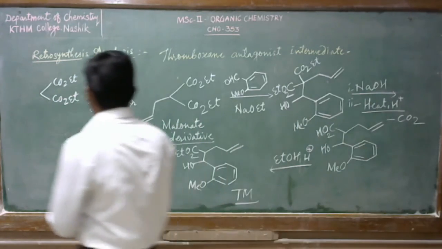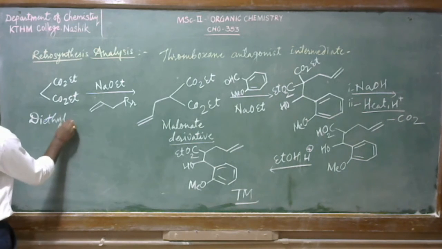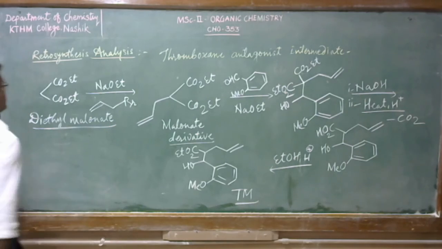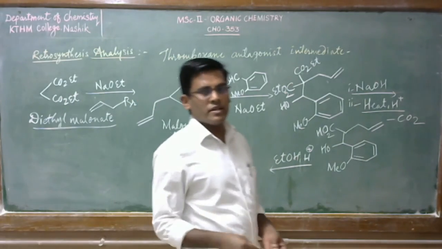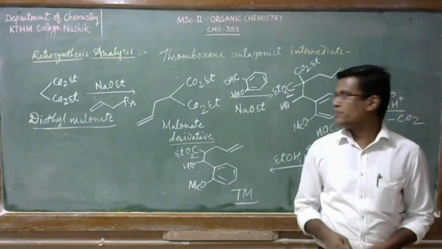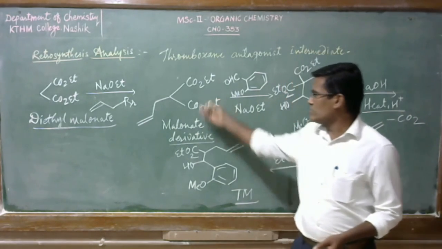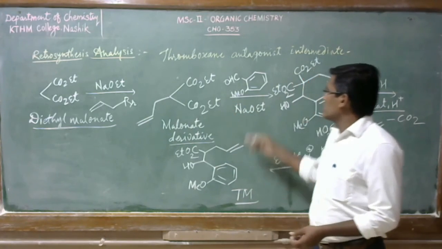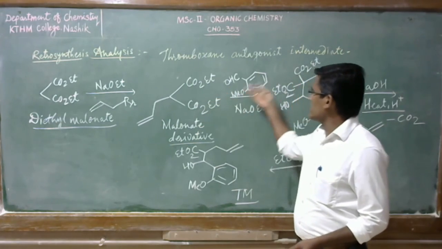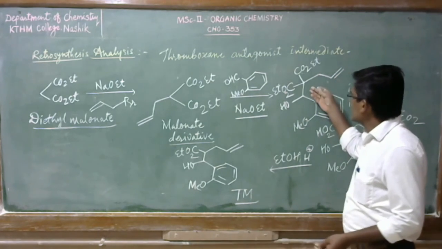So we have started with diethyl malonate. When we treat this diethyl malonate with base, for example sodium methoxide, followed by the treatment of allyl bromide, it gives this allyl substituted malonate derivative. Then in the next step, the treatment of this malonate with this aldehyde in the presence of base sodium methoxide gives this diester.